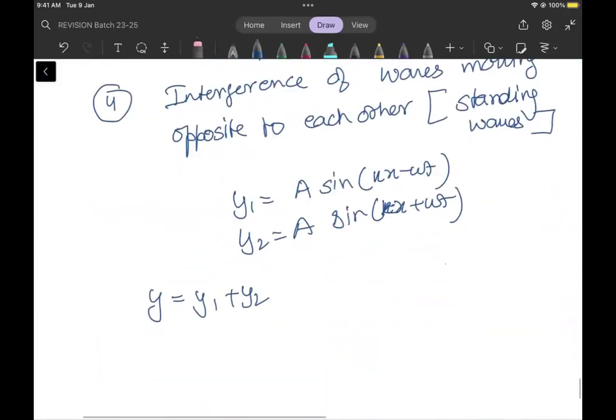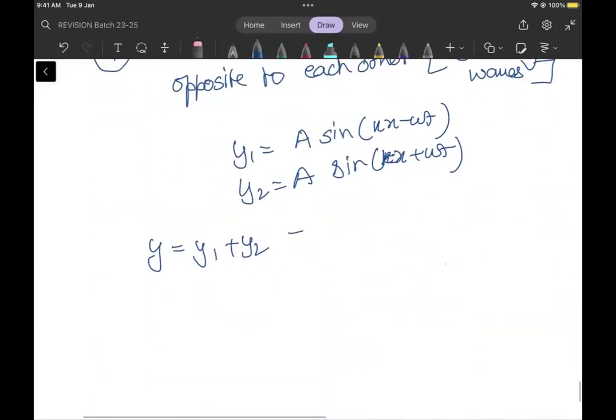So y is equal to y1 plus y2 will give me 2a sine kx cos omega t.